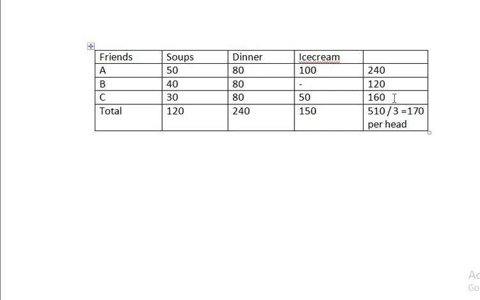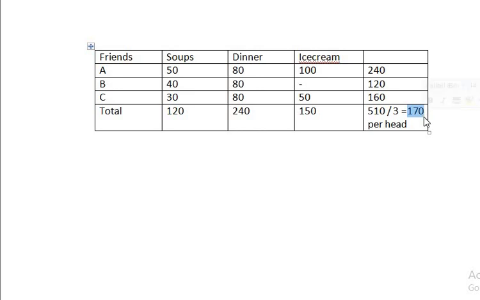He is okay with the price, but the issues are with Mr. A and B. Mr. A is undercosted because A utilizes food worth rupees 240 but is paying only rupees 170.